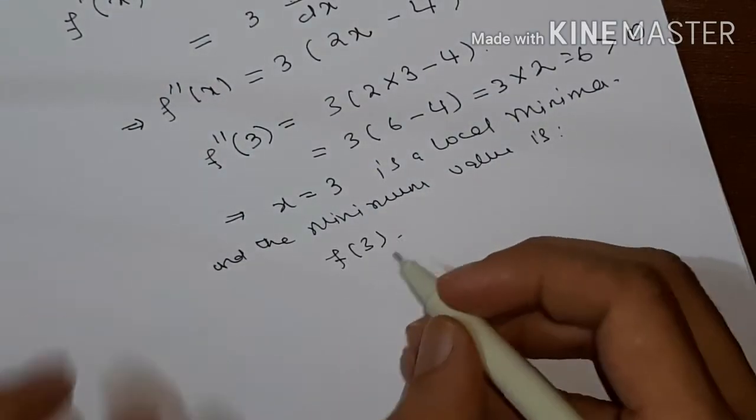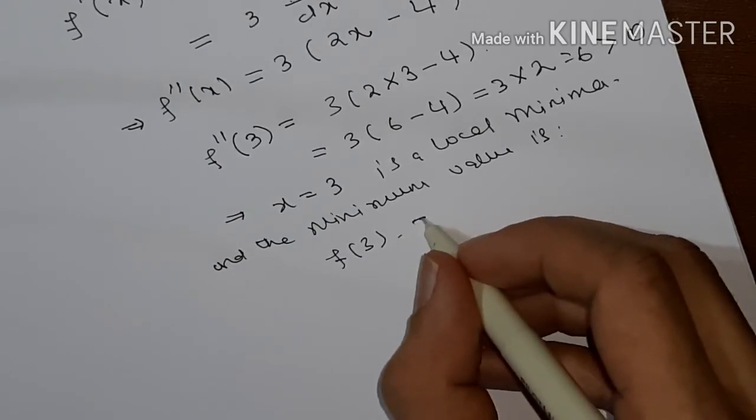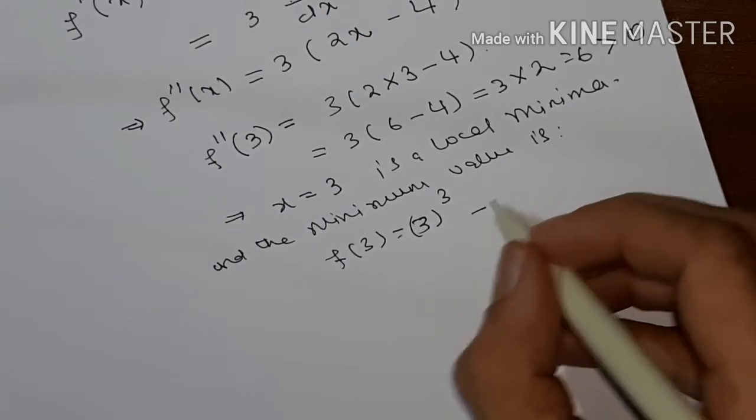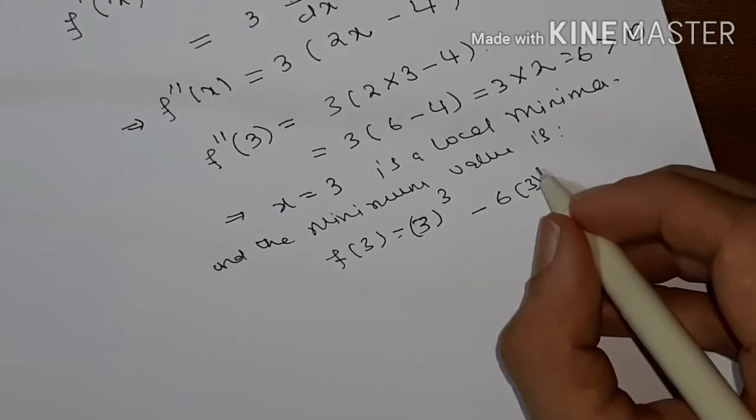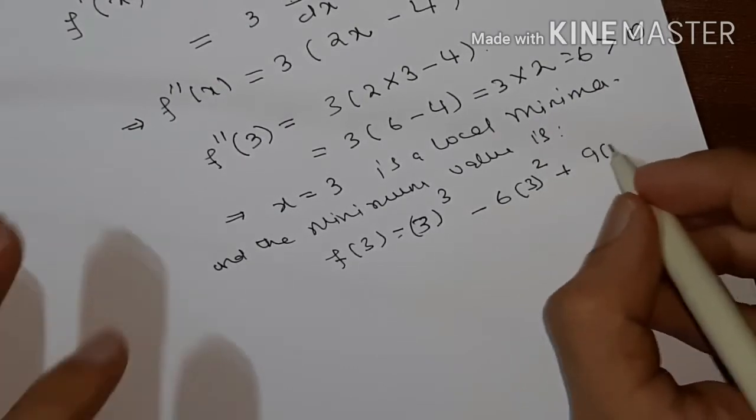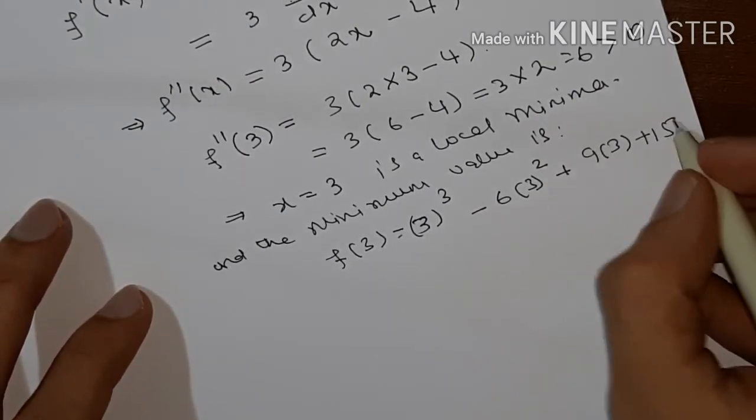f of 3. That is 3 cube minus 6 times 3 square plus 9 multiplied by 3 plus 15.